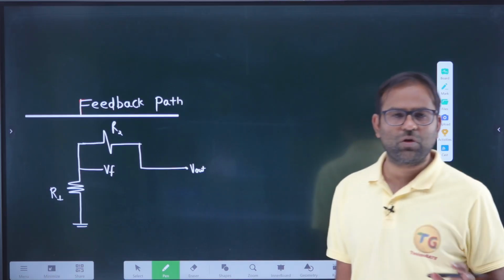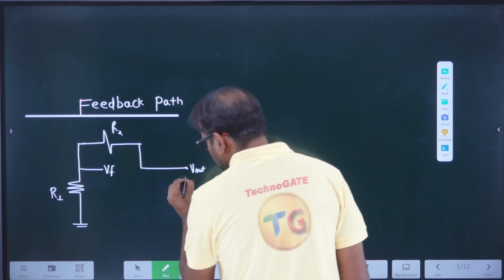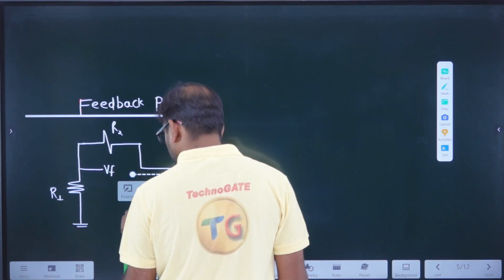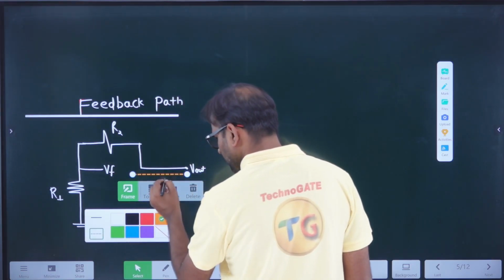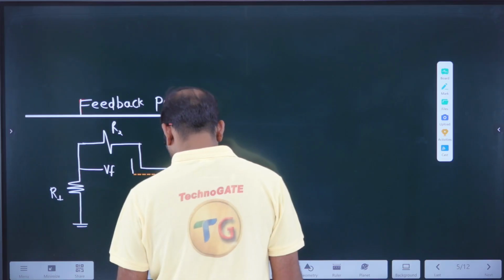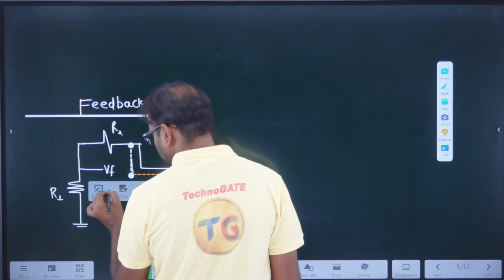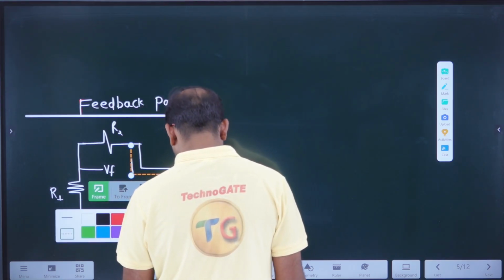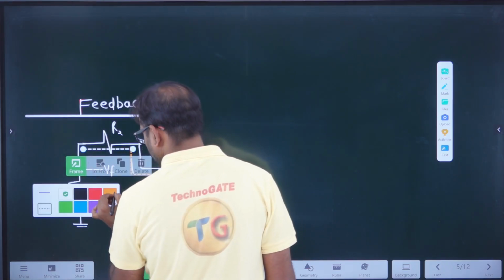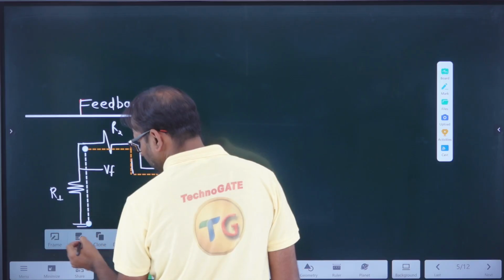I just focus on the feedback path. And can I say here the current will flow in this direction, from here to here, the current will travel like this.